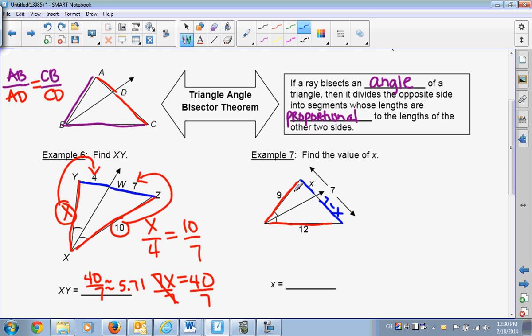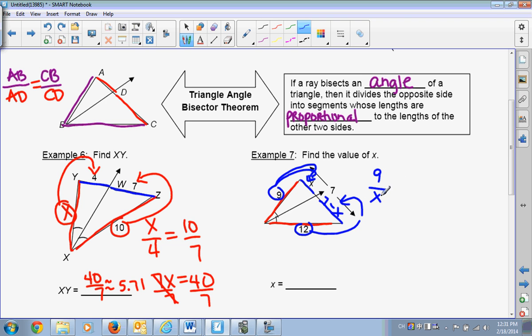So now we're going to go ahead and set up our proportion like we did here. x over 4, 10 over 7. So 9 over x, 12 over 7 minus x. And again, you could draw your ram horns if you want. Apparently the ram horn on the right is bigger.